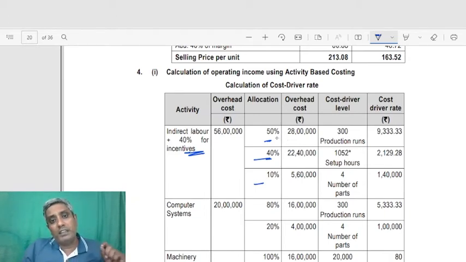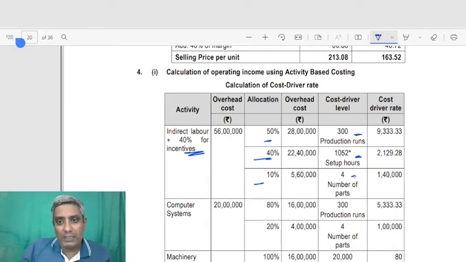Because 50, they have already given production runs, 40% on changeover and 10% on record maintenance. So overhead cost is distributed like this: 28 lakh, 22 lakh 40,000 and 5 lakh 60,000. So 300 production runs, setup hours and 4 number of parts. So this is how the ABC rate is calculated.